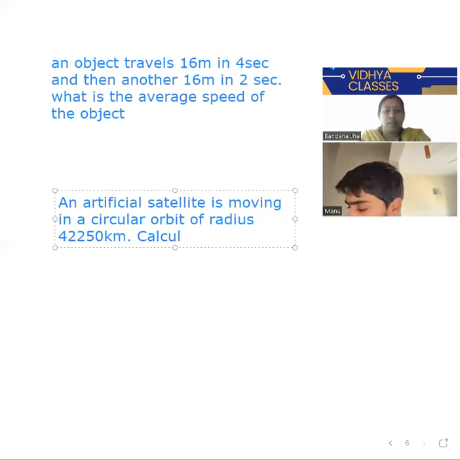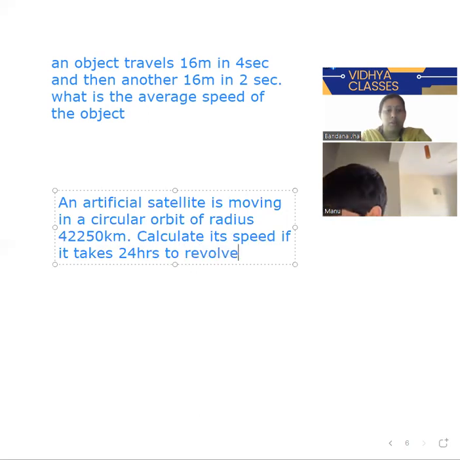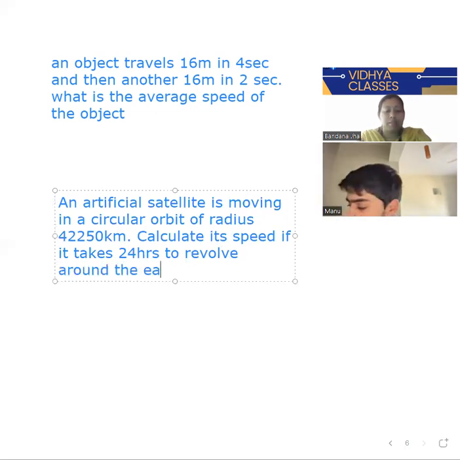Calculate its speed if it takes 24 hours to revolve around the earth. It seems to be difficult, but it is not difficult. It just seems to be difficult.